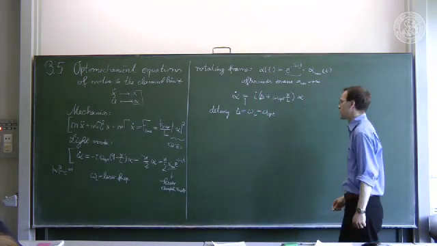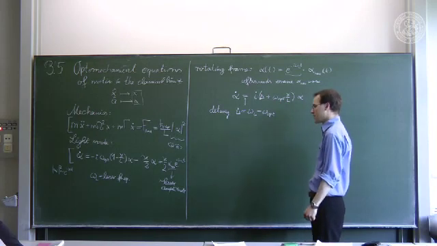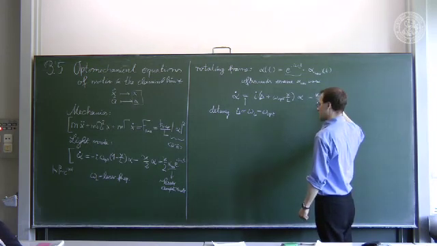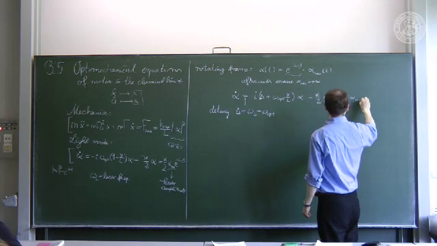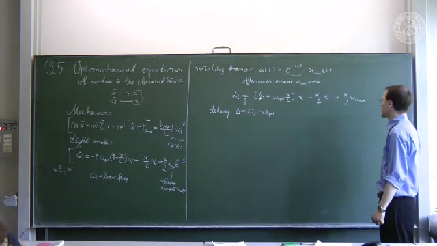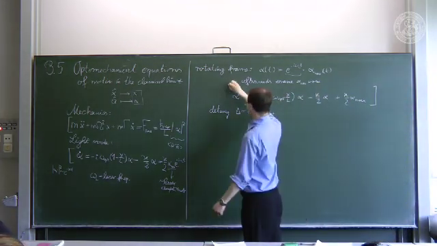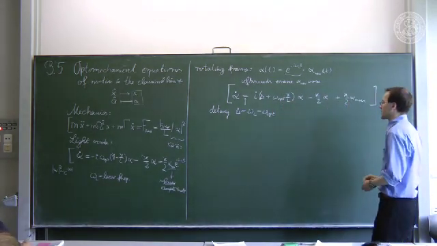So this is the first term, just taking into account that I have subtracted off the laser frequency. And then there's the decay, which does not change, plus the external driving, where I can now omit the fast oscillations. So this is really the equation which we want to solve.